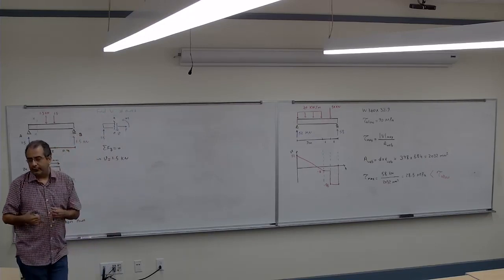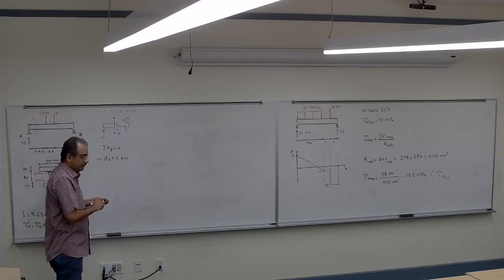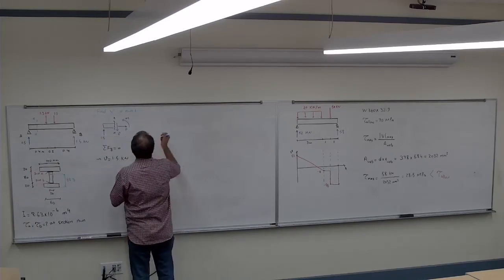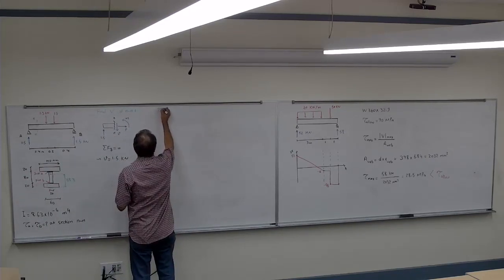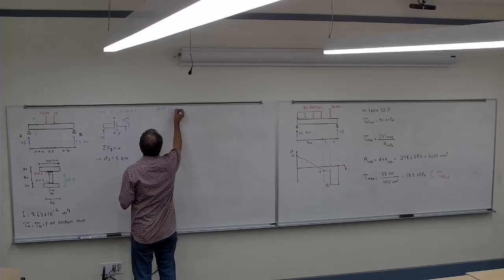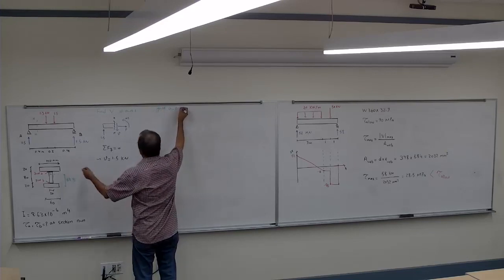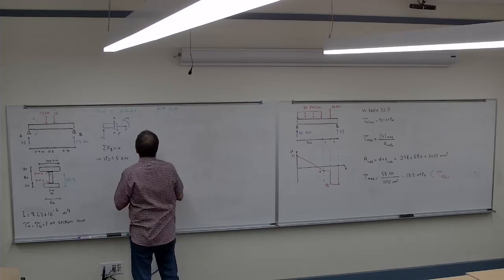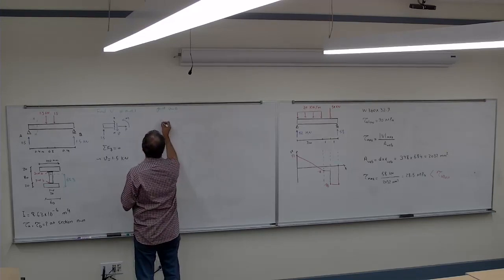Now that I have the V, I can go ahead and find it for joint A and joint B. So first of all, joint A. At joint A, I'm going to redraw the cross section.